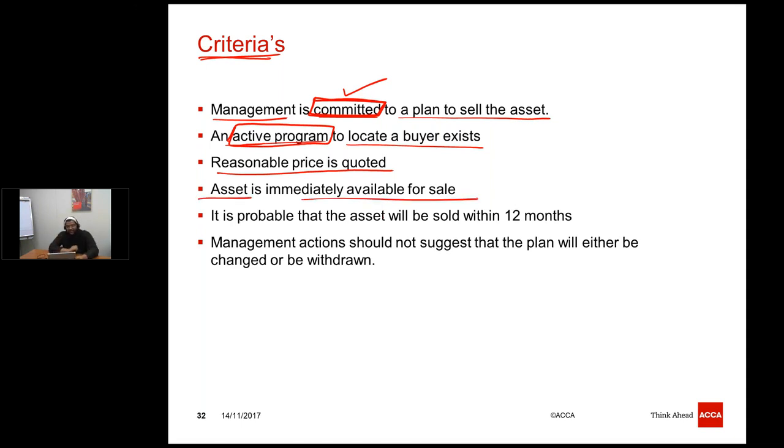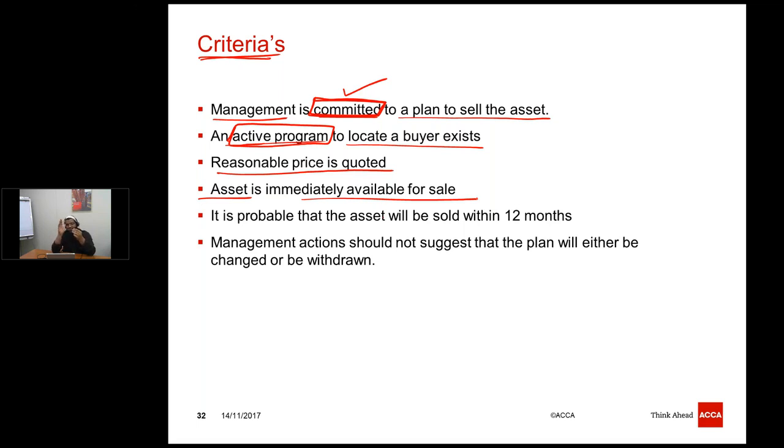The asset is immediately available for sale, which means that the asset is going to be sold in its existing condition. If I'm selling this pen, I'm going to sell it in this condition, not changing the condition afterwards, not applying any repair and maintenance on it, not repainting it, not using it.